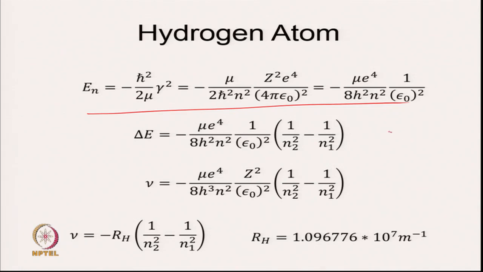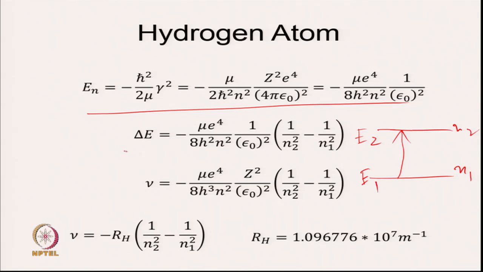Now think of a transition between electronic levels in a hydrogen atom. Suppose you are going from n₁ to n₂. What will be the frequency of the transition? The frequency of the transition can be calculated by taking the difference between the energies of the two levels and dividing by h.